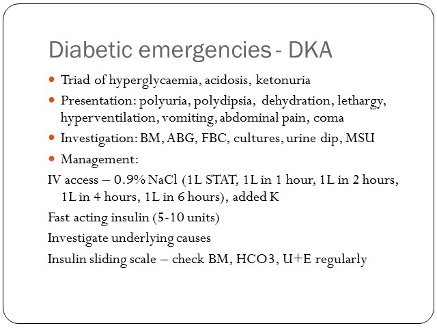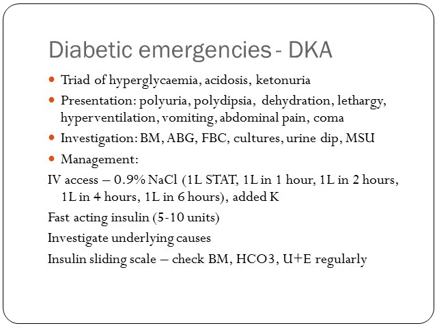Coming on to DKA, we spoke about it briefly. It's a common presentation of type 1 diabetes at the very beginning, or people with type 1 diabetes get it when they're otherwise unwell, when they've got some sort of intercurrent illness, or if they're not particularly good at controlling their sugars.